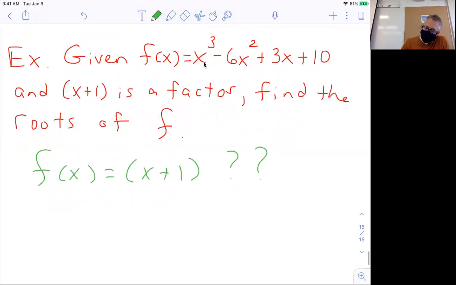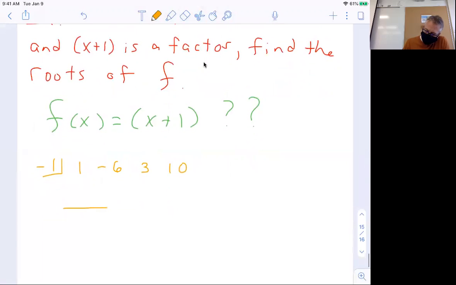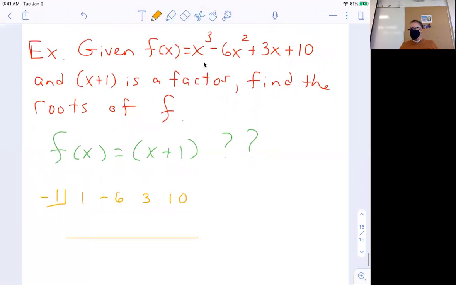So we'll do our synthetic division by taking -1 and the leading coefficients, which are 1, -6, 3, and 10. And we're going to do synthetic division on that.